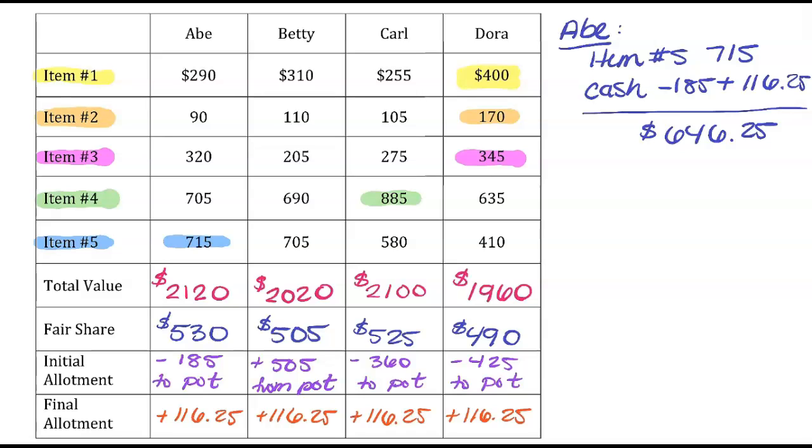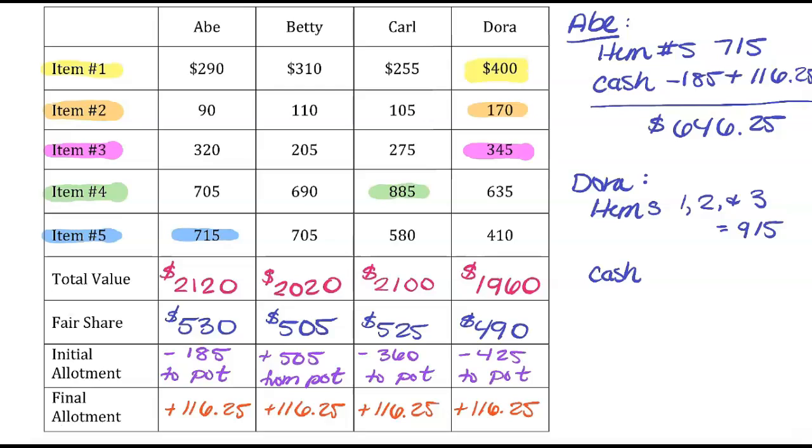Let's do the same for Dora. Dora received items 1, 2, and 3, and those were all worth $915 in her eyes. In cash, she did have to pay out a lot of money, $425, but she did get $116.25 back. This gives her a grand total of $606.25.